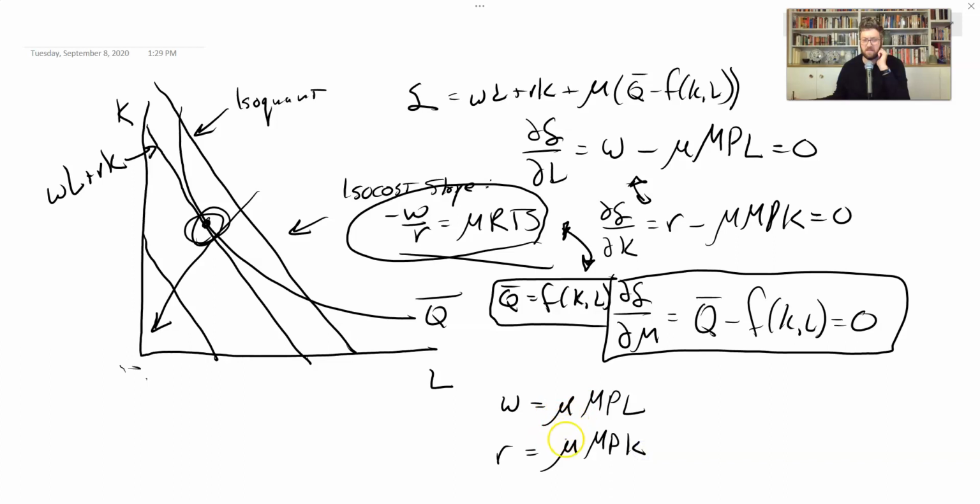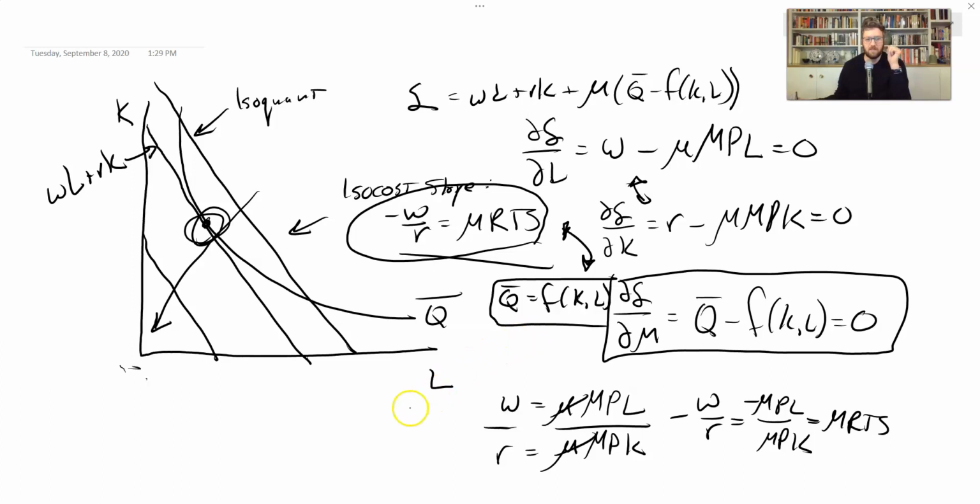Remember, this fancy cursive m is called mu, the Greek letter. We divide the one by the other, and we end up with W over R equals MPL over MPK, because the mu's cancel out. We can stick a negative sign in front of both of them, and this is the marginal rate of technical substitution equal to the slope of the isocost curve. So that's where that comes from.